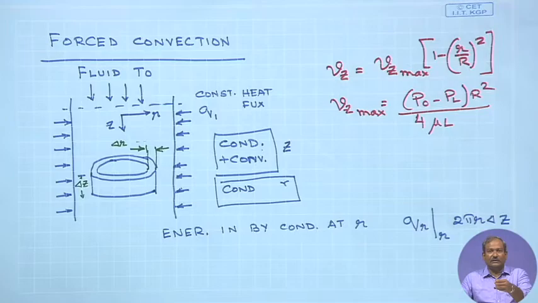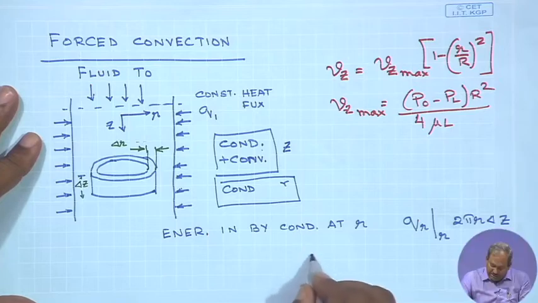Think of it this way: when you have the annular area and you are talking about flow of heat in this direction, the area that it faces will simply be twice pi r times delta z, where delta z is the length of the shell and r is the inner radius.